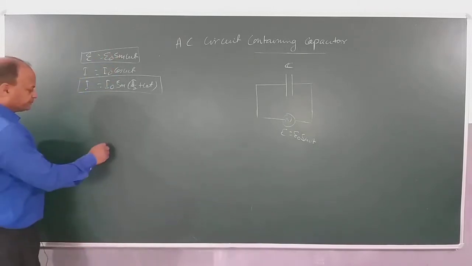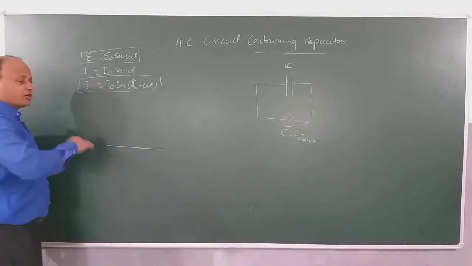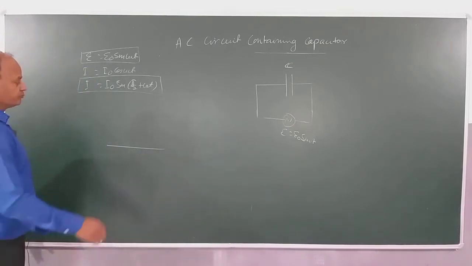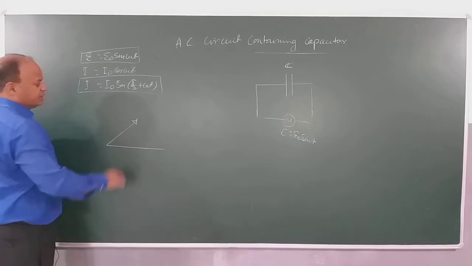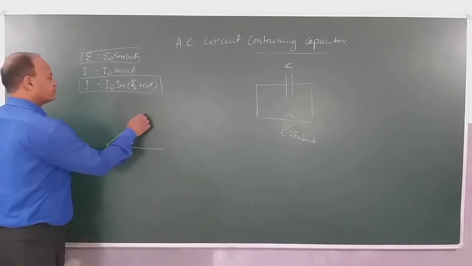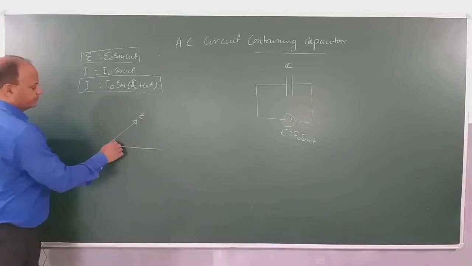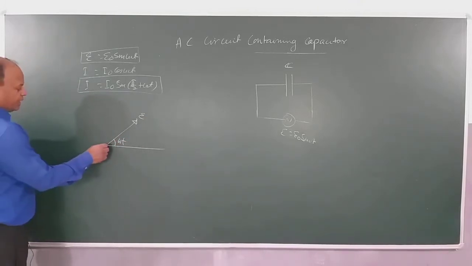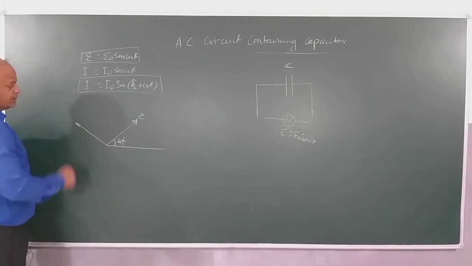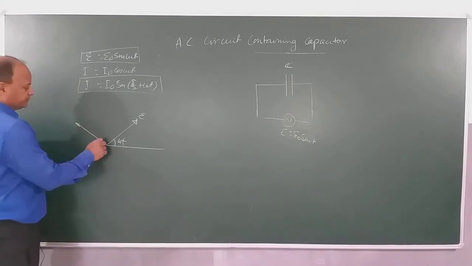So let's see here. Anti-clockwise rotation is taken as positive. The phase of voltage E is here, omega t. Now I is 90 degrees ahead.